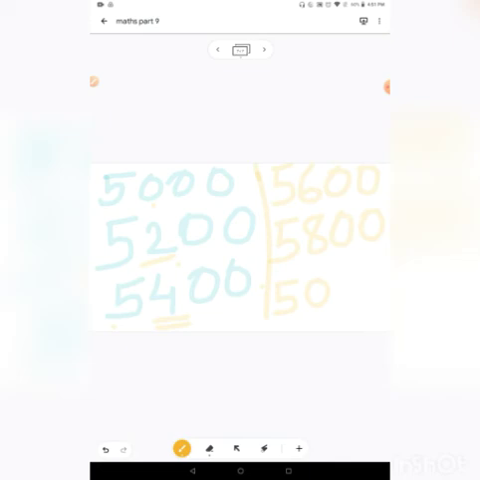10 is a 2-digit number, so you write 0 here and then add this 1 to this one. 5 plus 1 becomes 6, so you change this 5 to 6, and the remaining you write like this. So your revised number now is 6000.